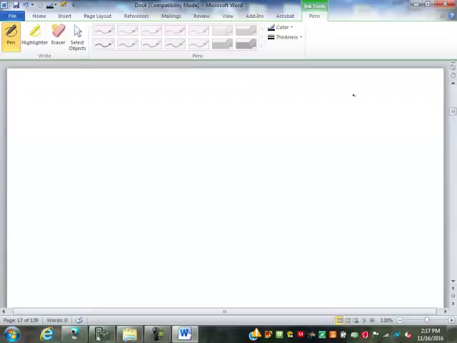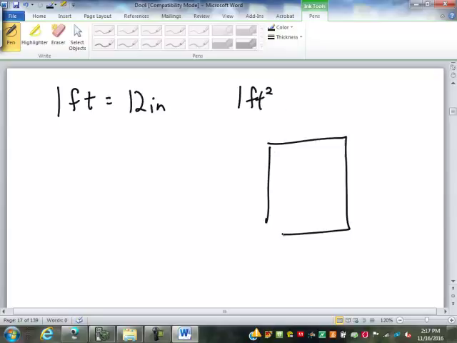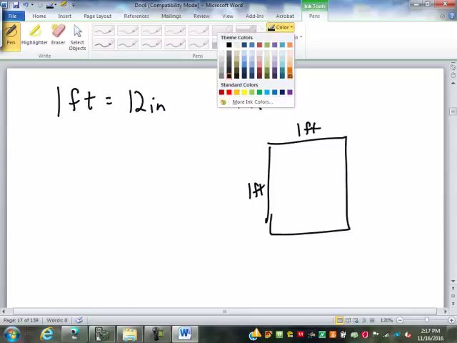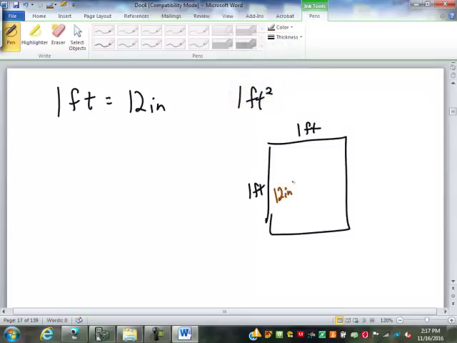The standard ones were a little bit trickier, if you recall. 1 foot, of course, equals 12 inches. Well, 1 square foot is defined to be 1 foot by 1 foot, which is 12 inches by 12 inches.